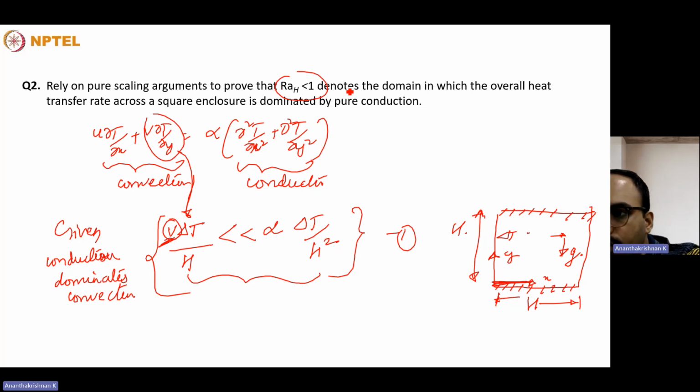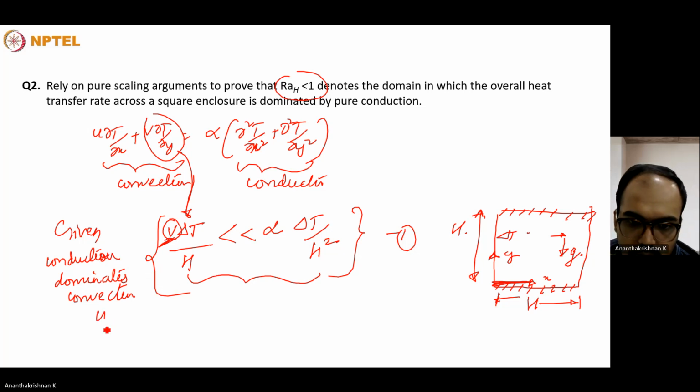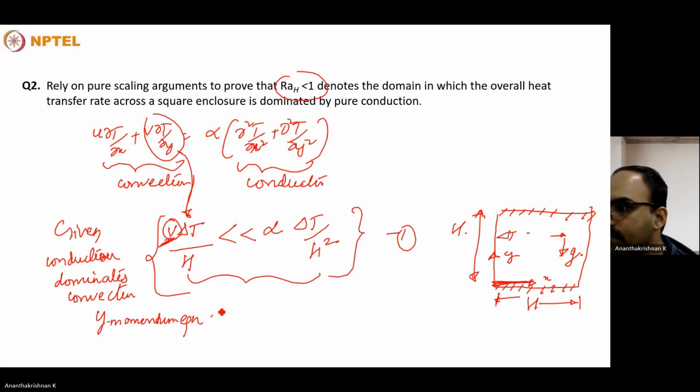For that, we need to make use of the y momentum equation, and use the balance from the scaling analysis.